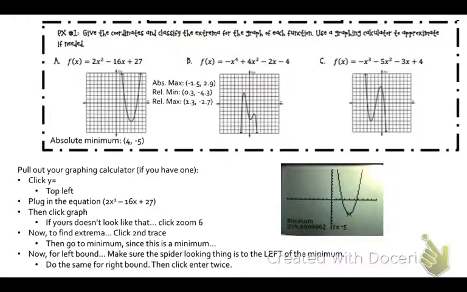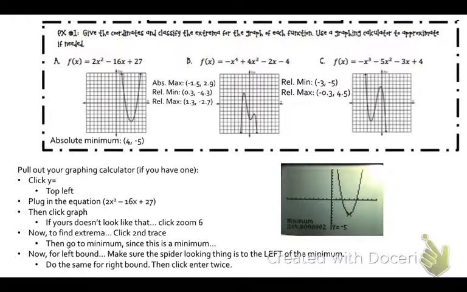So we have 3 extrema values here. Okay, and then for C, same thing, you can do this in your calculator. We only have 2 this time. We have a relative minimum at -3, -5, and a relative maximum at -0.3 and 4.5. Okay, so you can use your calculator to do these, and I need you to be able to do this in your calculator. We'll go over it more in class.